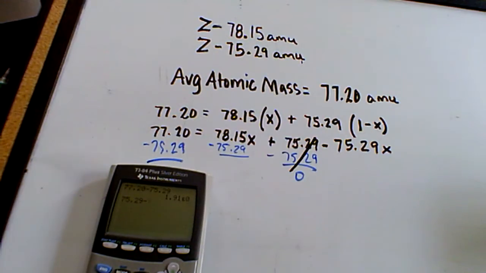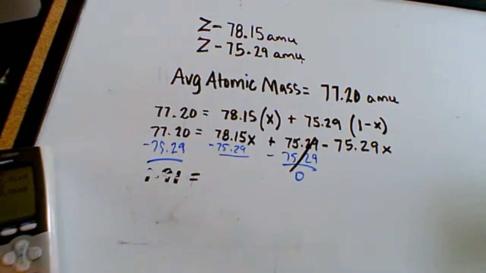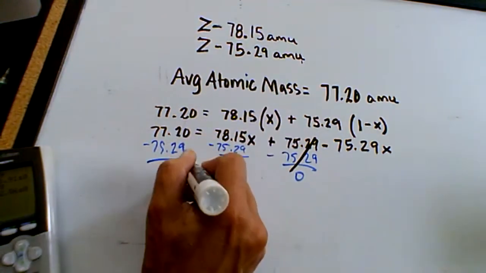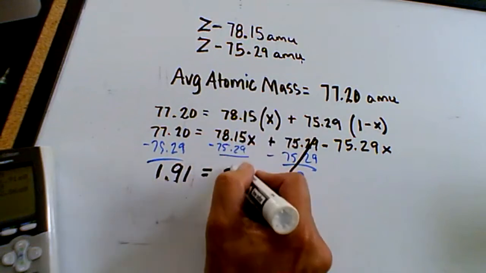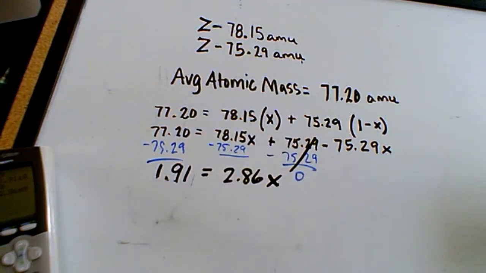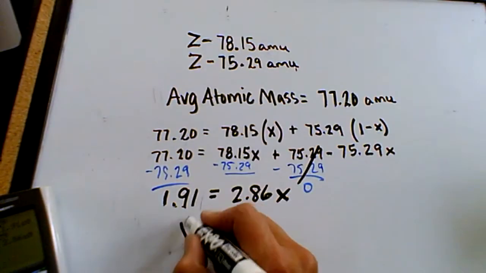78.15 minus 75.29 equals 2.86. Oh my goodness, let's fix that. 1.91 is now equal to 2.86x. Okay, I'm now going to solve for x.